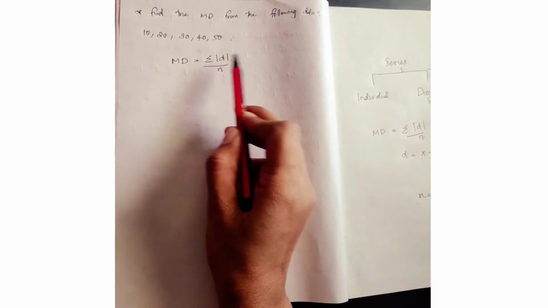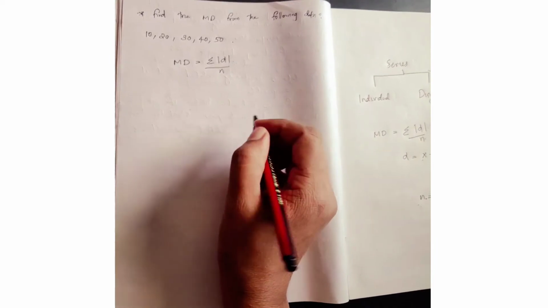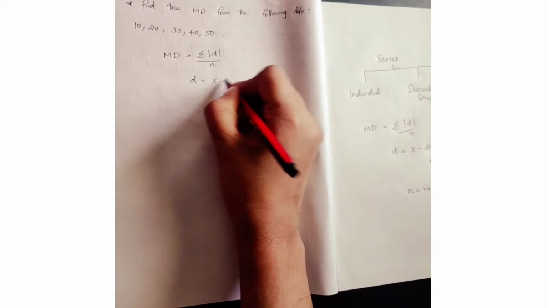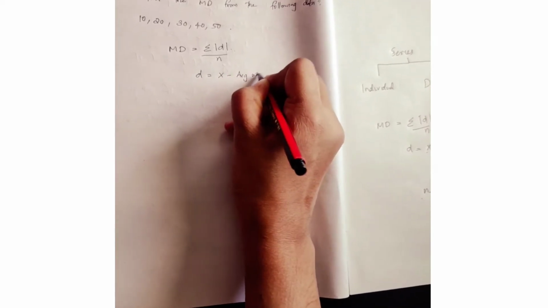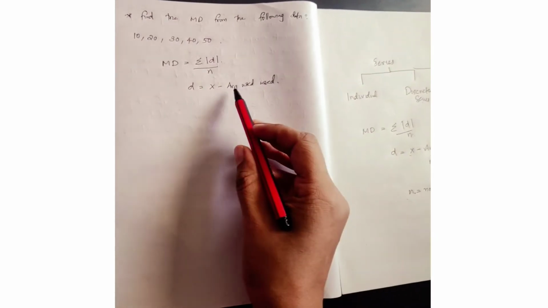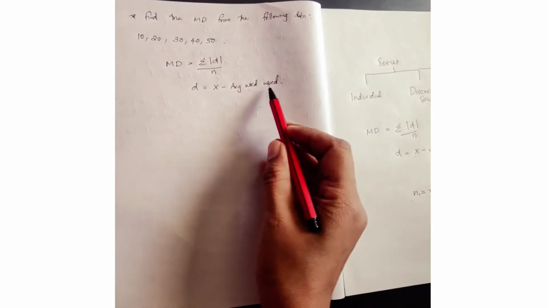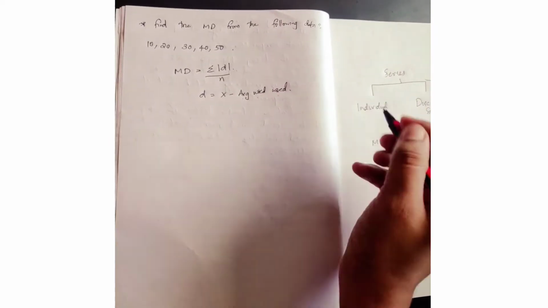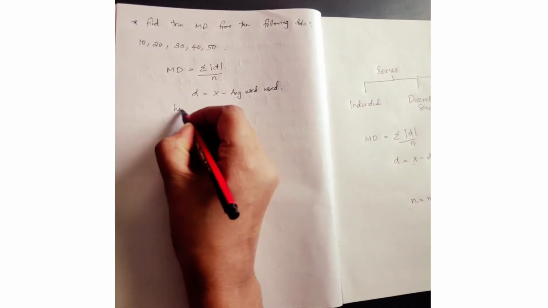For that, first we should find d. We have already said that d equals x minus average used. We can use either mean, median or mode to calculate d. Here we can take mean.